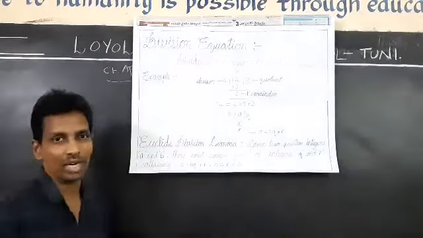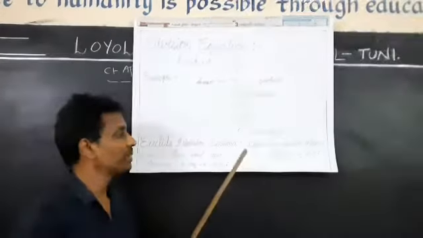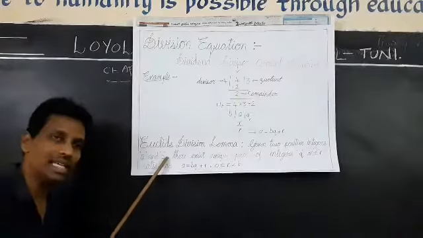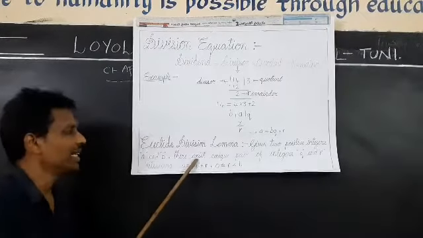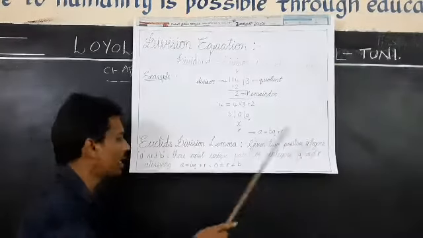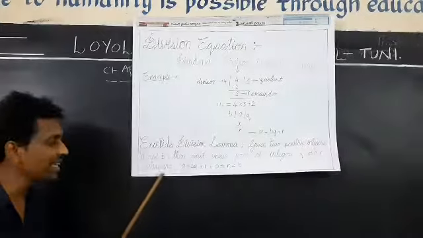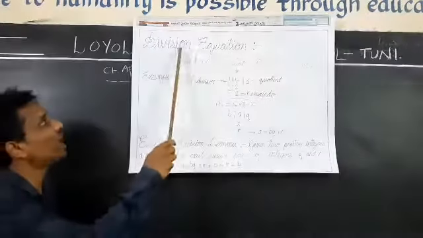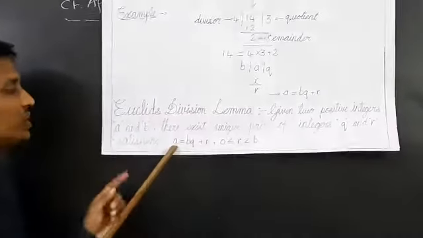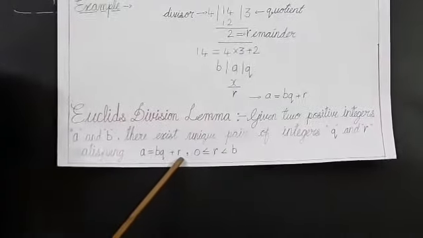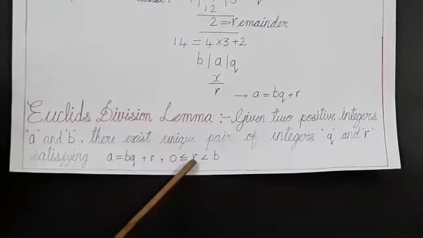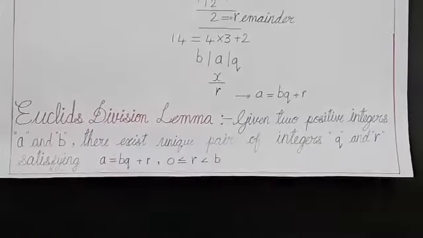Euclid's division lemma: given two positive integers a and b, there exists a unique pair of integers q and r satisfying the condition we wrote in the division equation, the same condition we are writing here: a is equal to bq plus r, where 0 is less than or equal to r is less than b.